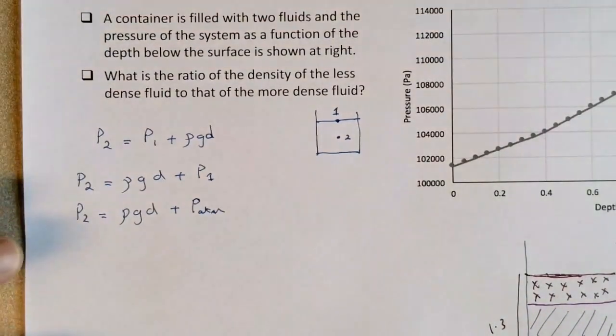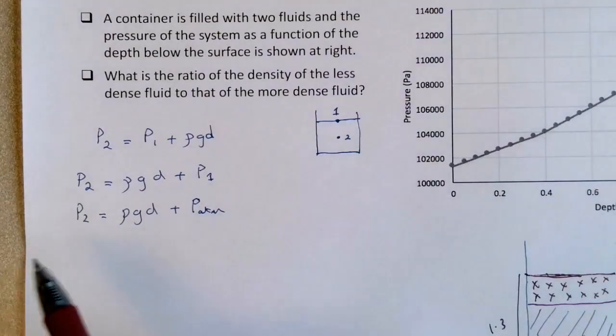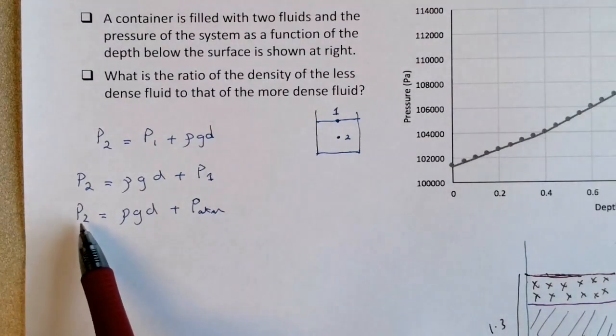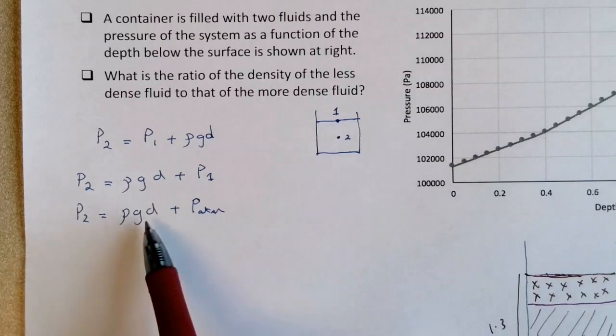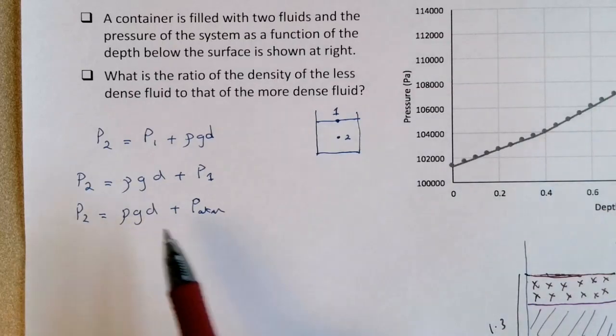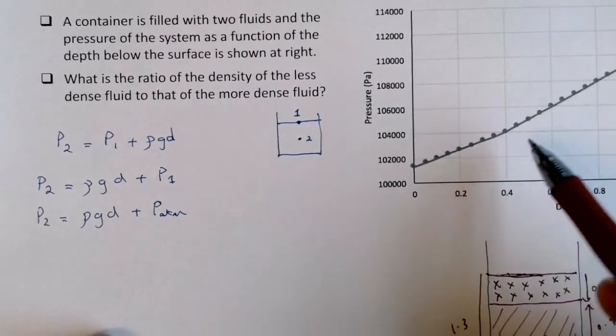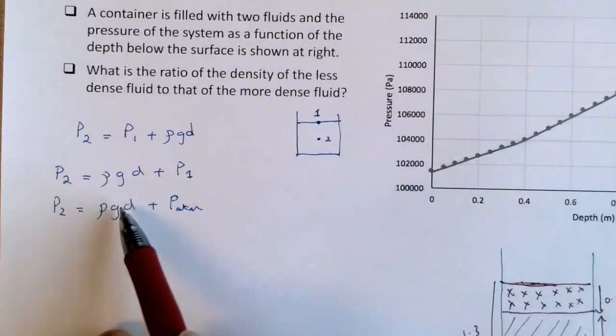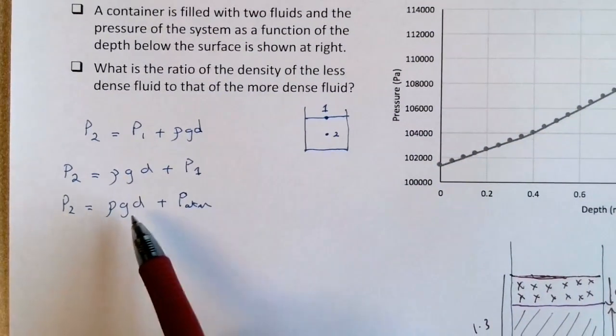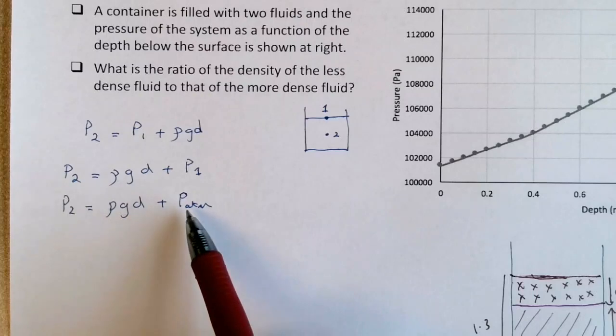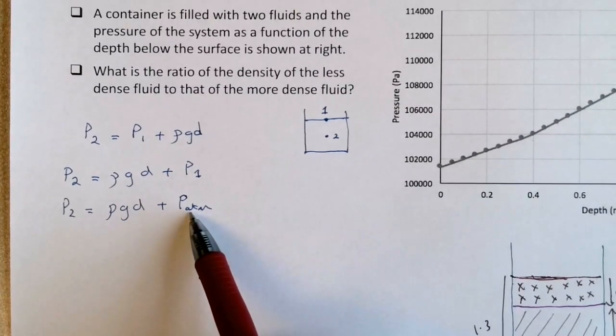What I wanted to show you here is that we're plotting the pressure at some point below the surface, P2, as a function of the depth. And we can see here we get these two straight lines. The pressure is increasing linearly, plus a constant, this constant being P atmosphere.